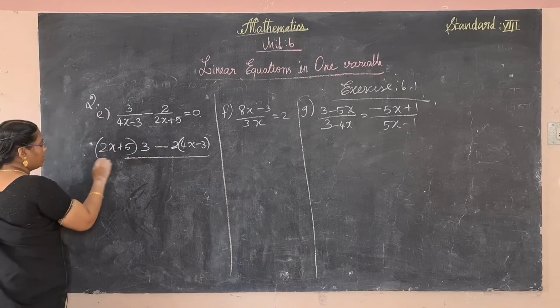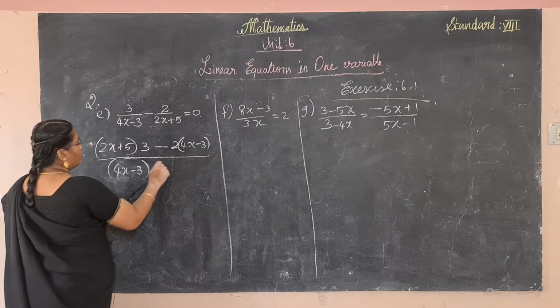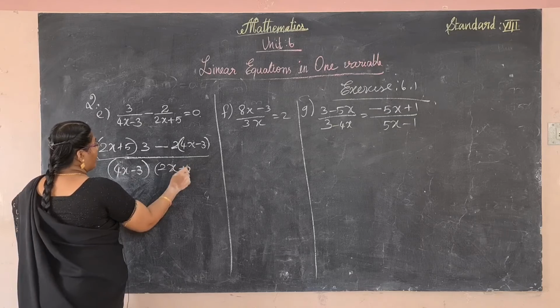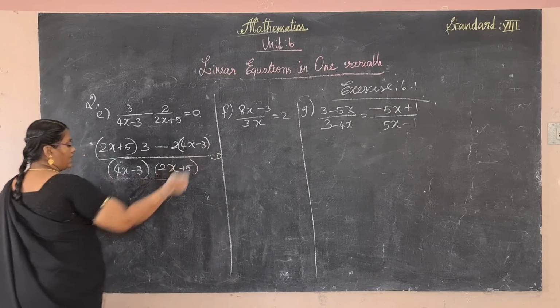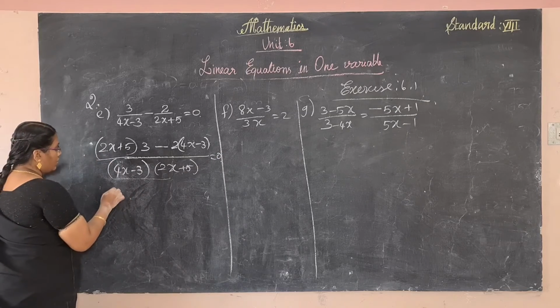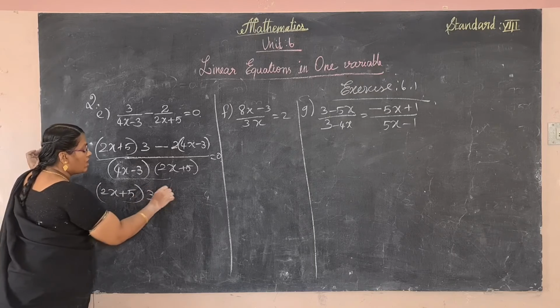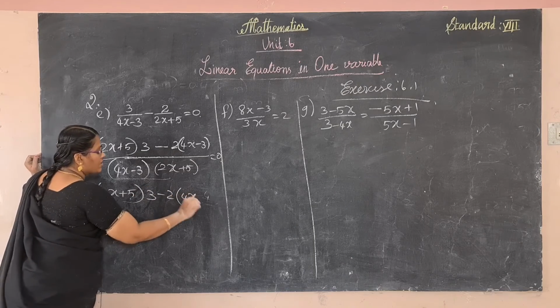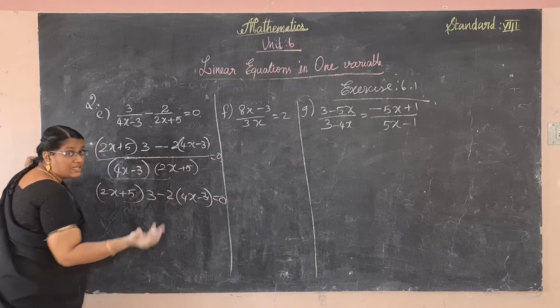The denominator is (4x minus 3) into (2x plus 5) equal to 0. So this term multiplied with that side, we get 0. So (2x plus 5) into 3 minus 2 into (4x minus 3) equal to 0. This term moves to that side, we get 0.